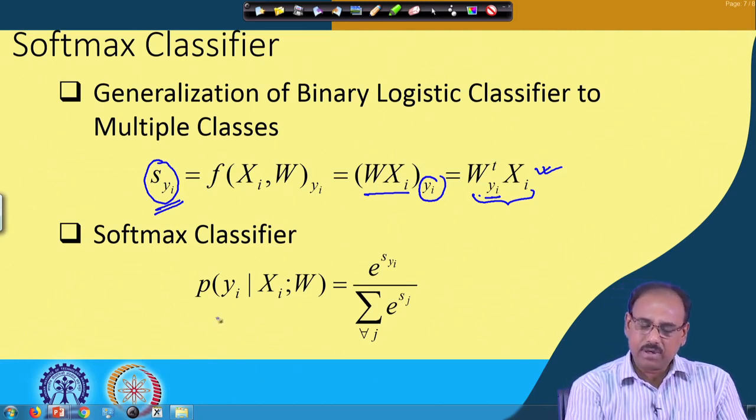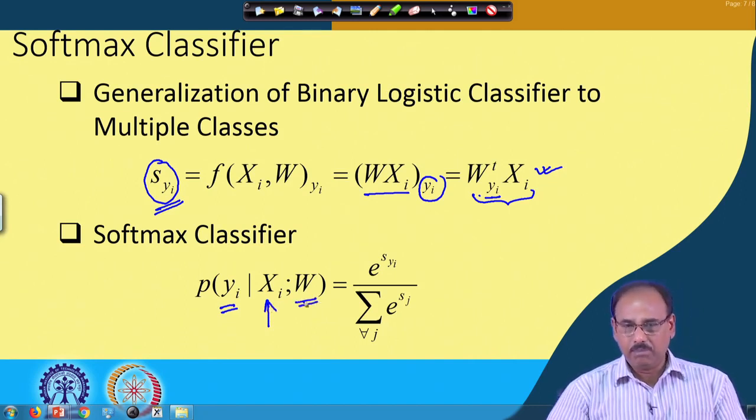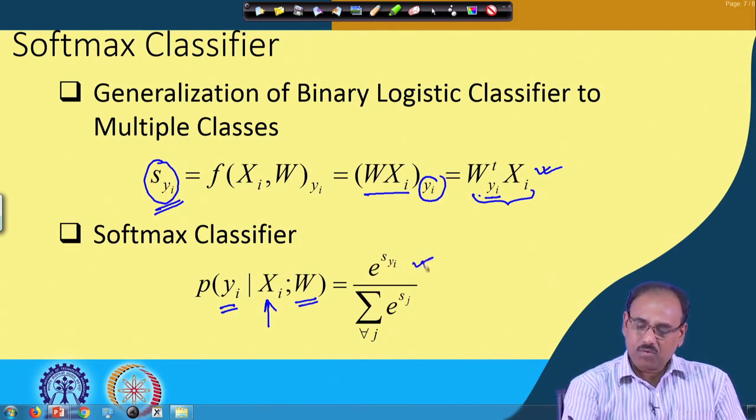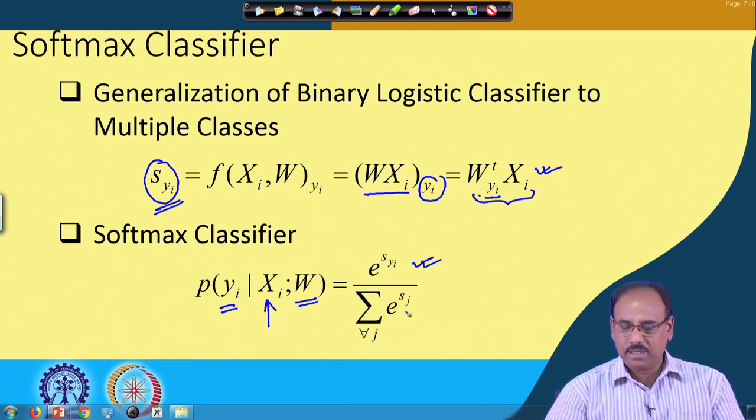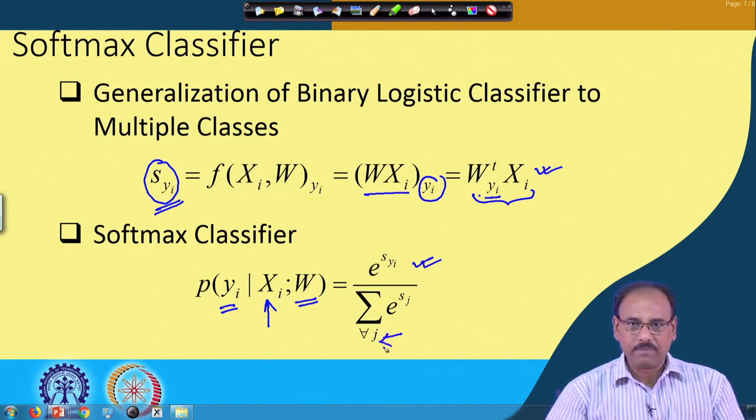So, I can say that the probability of class y_i given sample x_i and your parameters W, given by the weight matrix W, we can compute as e to the power s_{y_i} upon the sum of e to the power s_j in the denominator, where the summation has to be taken over all j.